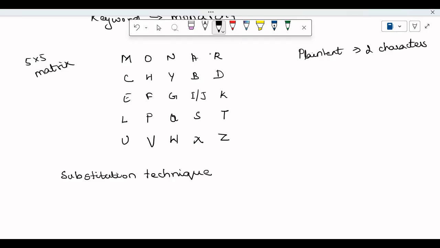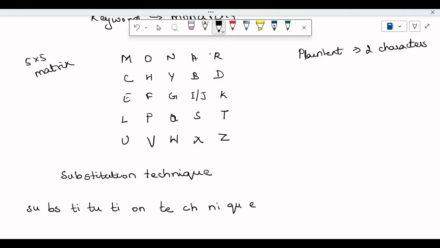I am going to group it as blocks of 2 characters. SU is one block, BS, TI, TU, TI, ON, TE, CH, NI, QE, and the last block is not full. The last character is empty.